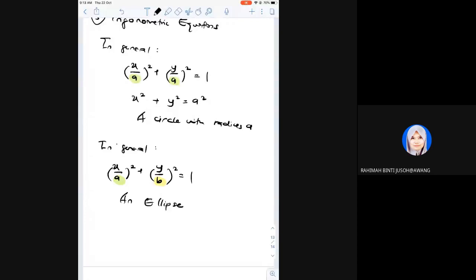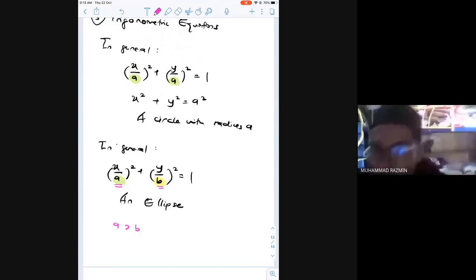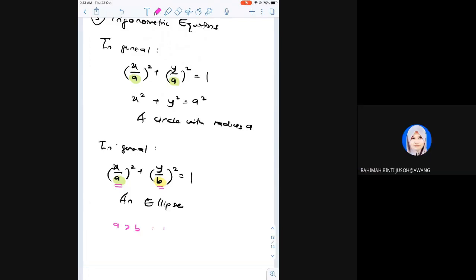Okay. You nak tahu sama ada ellipse tu bujur ke atas ataupun ke bawah adalah bergantung kepada nilai. It depends on the values of A and B. Okay. If your A is greater than B, thus your major axis would be X, which means that your graph will be like this.